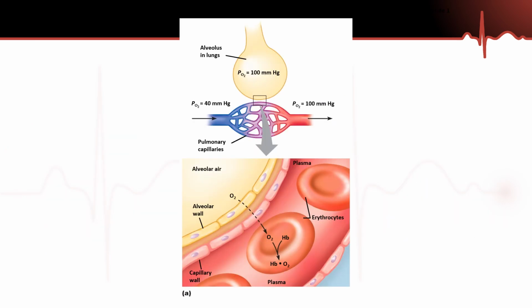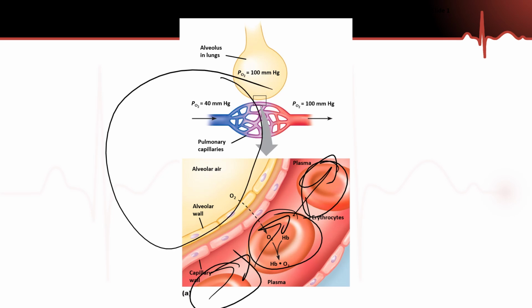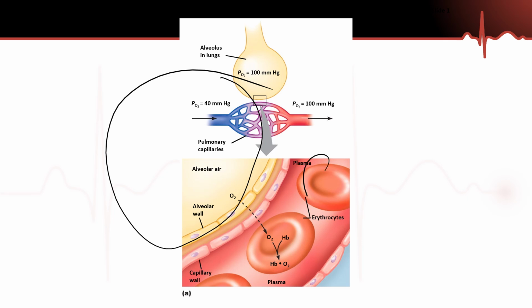Okay, so these red blood cells exist within what's called deoxygenated blood, right? That deoxygenated blood is traveling through this pulmonary capillary past this alveolus right here. Now these red blood cells, each of them are about 75% saturated with oxygen, meaning the hemoglobin within them is about 75% saturated, right?